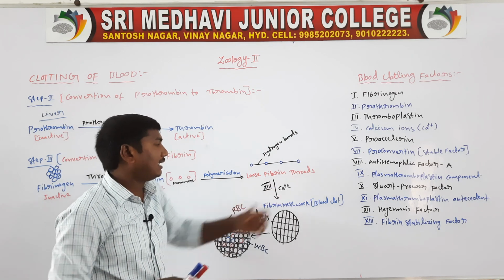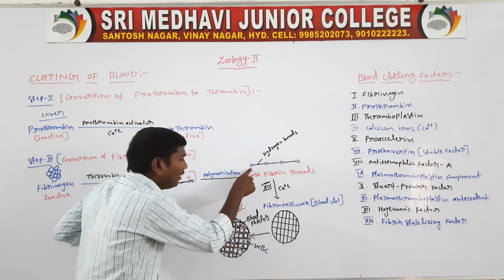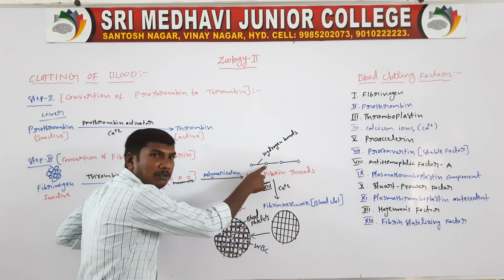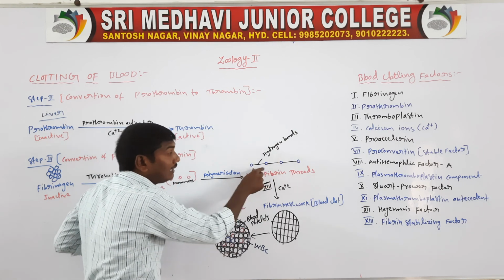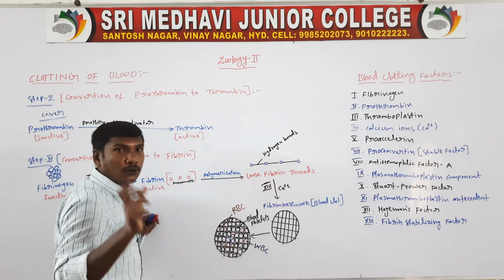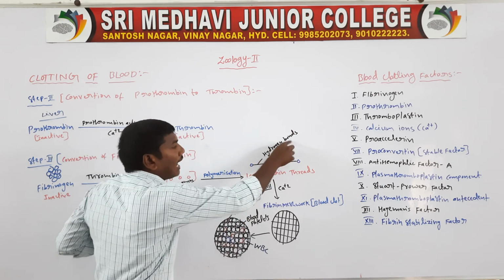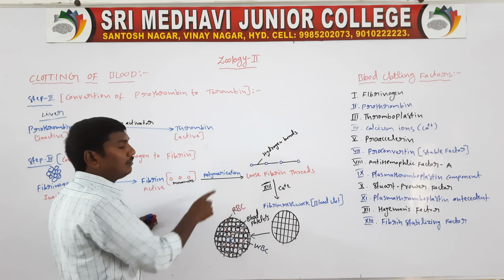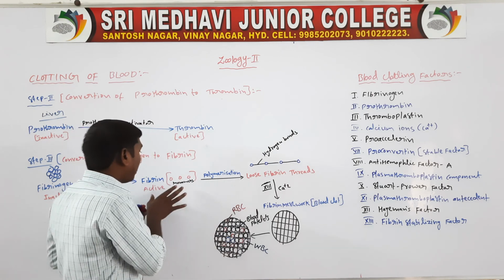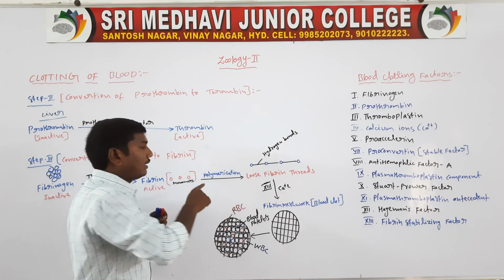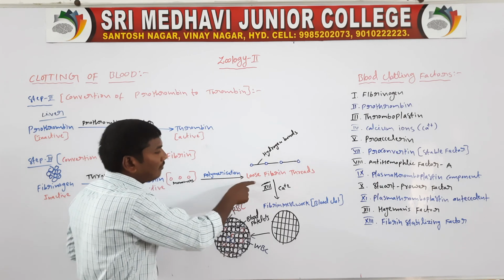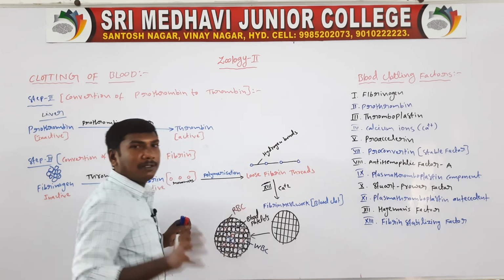One fibrin monomer connects to another fibrin monomer through the formation of hydrogen bonds during polymerization.